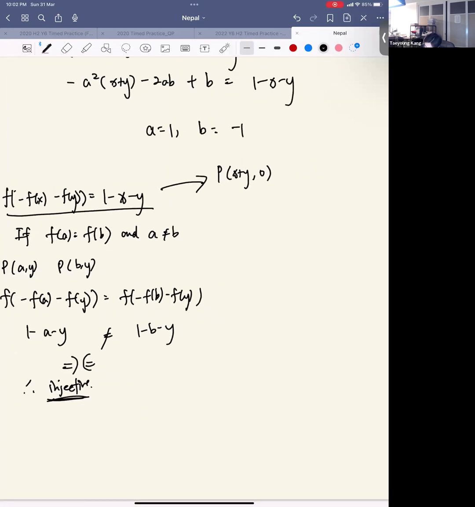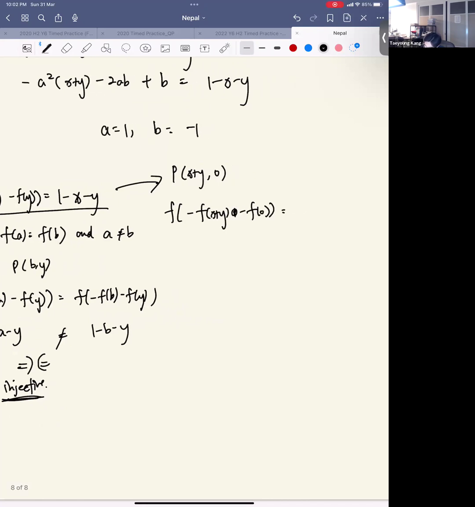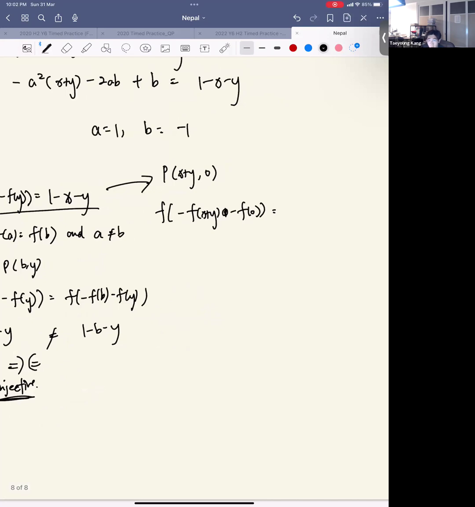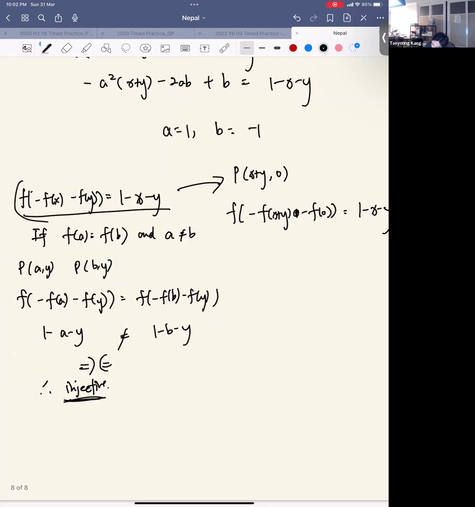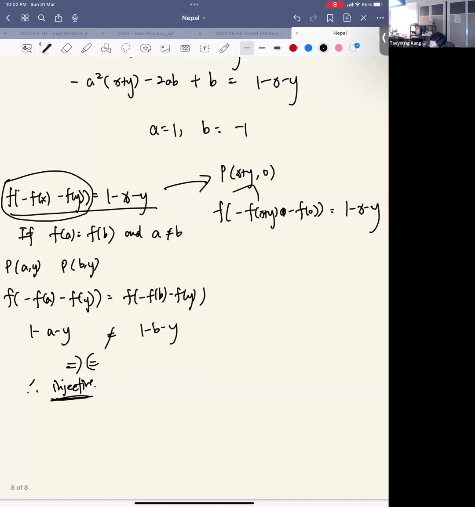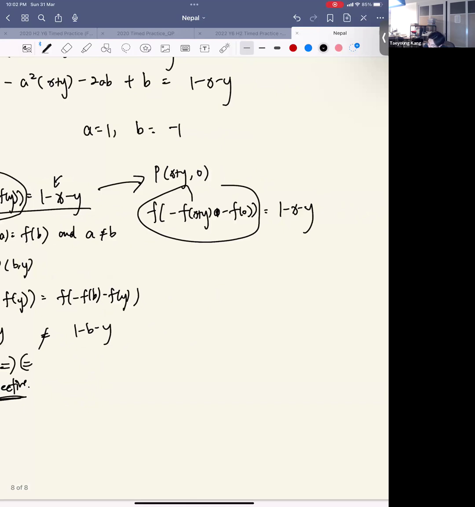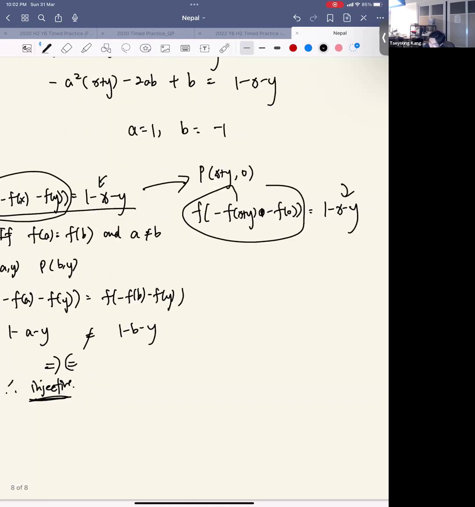And what that does is it gives us f(y - f(x) - y) plus f(0) equals 1 minus x minus y, right? And these two are the same because the right-hand sides are both 1 minus x minus y.